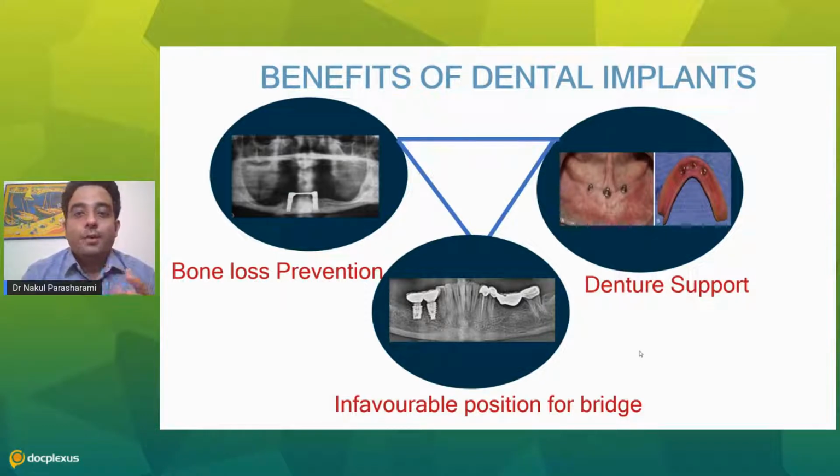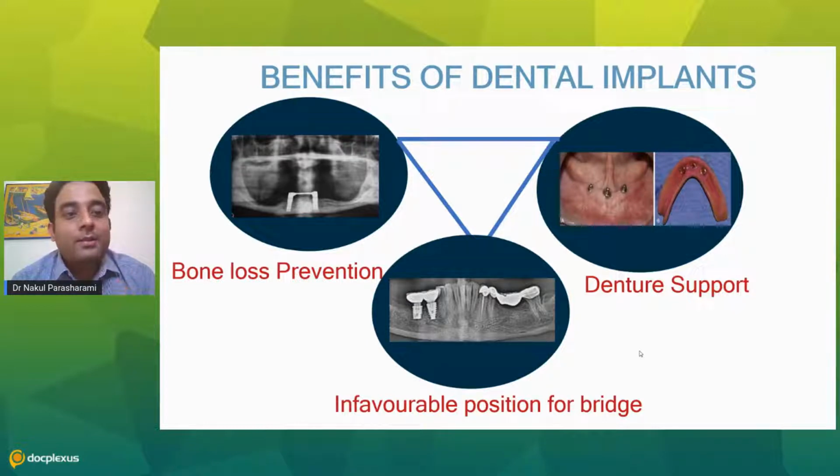So basically, dental implants have a few very characteristic advantages over the traditional means of replacement of teeth. They are basically bone loss prevention. Now, if you can see this OPG very clearly, you can see the two implants placed and there is bone surrounding them.